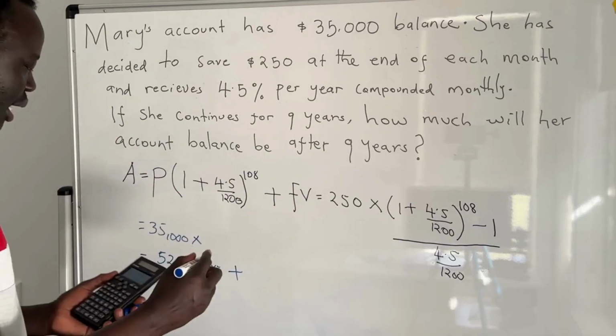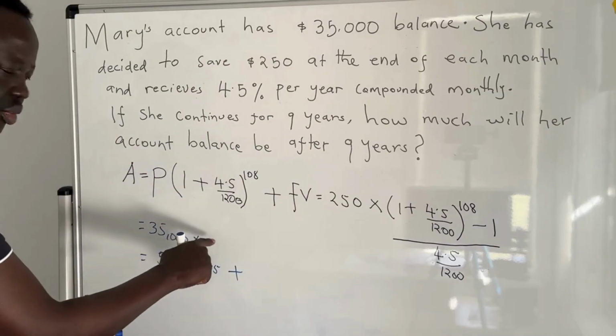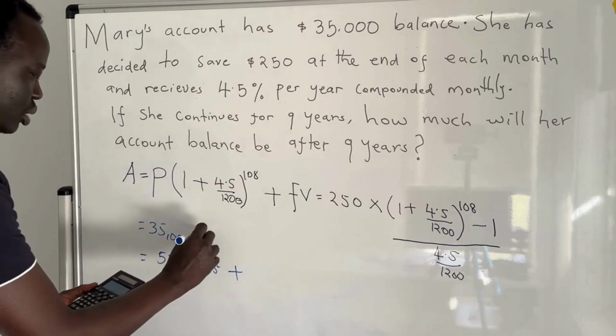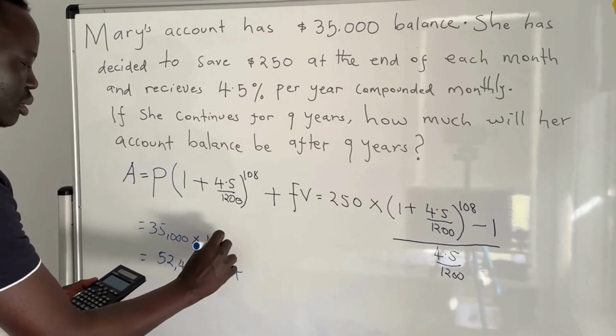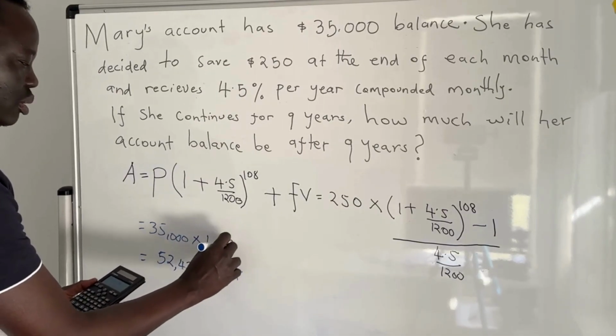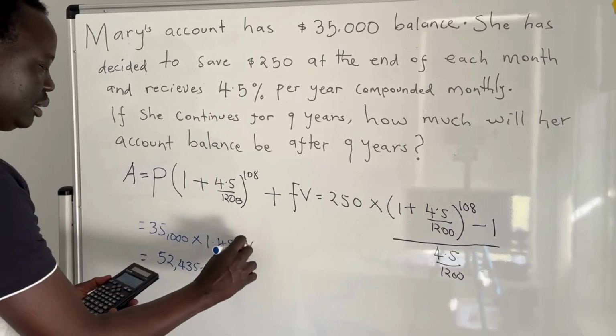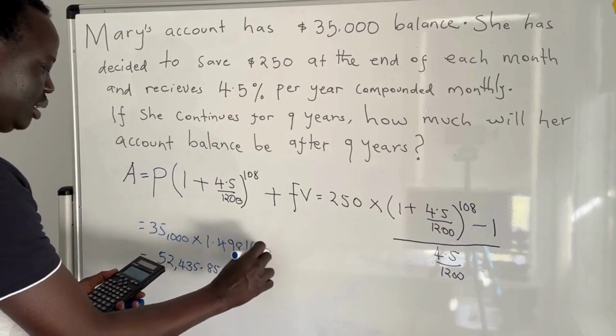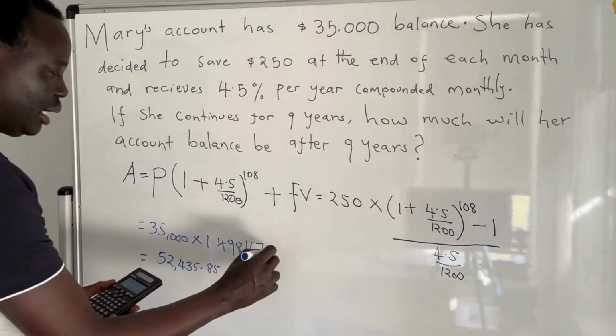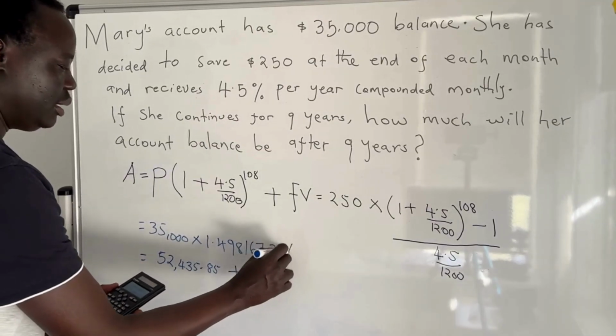And let me put it down in case you get confused of what we have here. It's going to be 1.498167236.